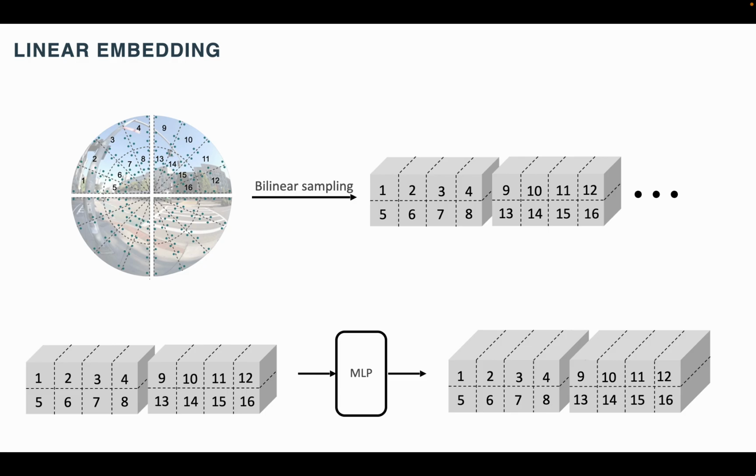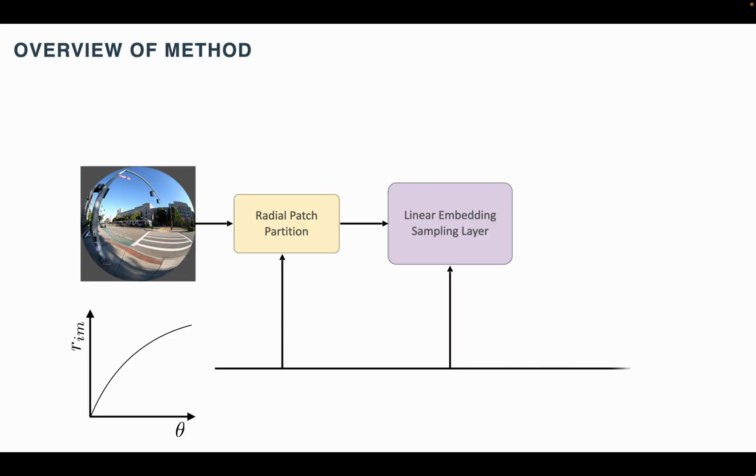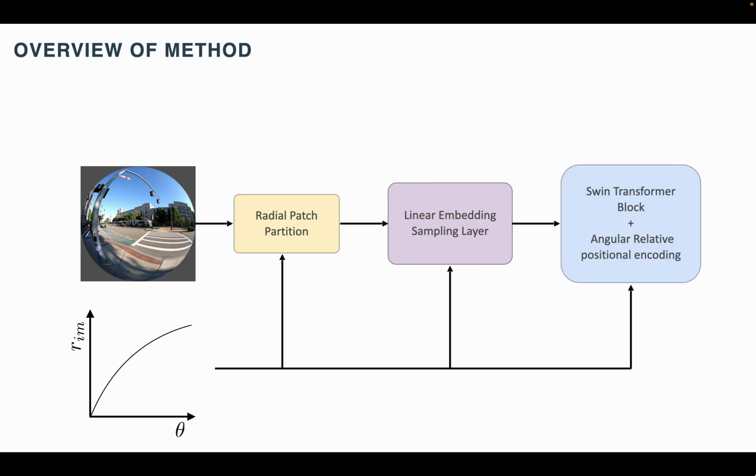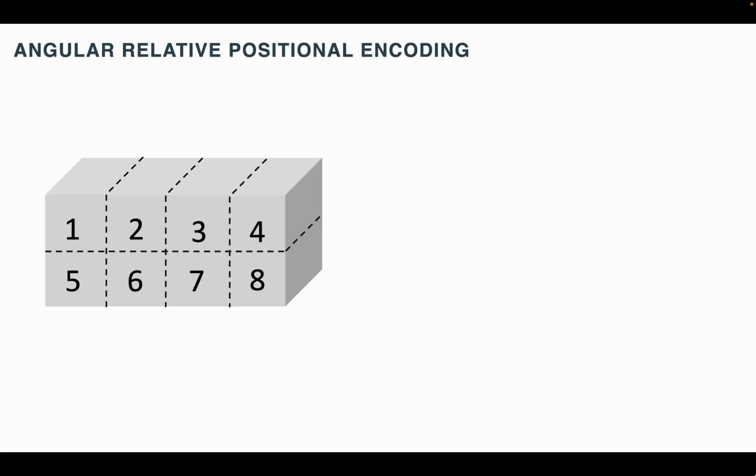After obtaining these embeddings for each patch, we feed them into a Swin transformer block to perform local attention. And since we use polar patches, we define angular relative positional encoding for these polar patches. This positional encoding is defined differently along the azimuth and radial axis.